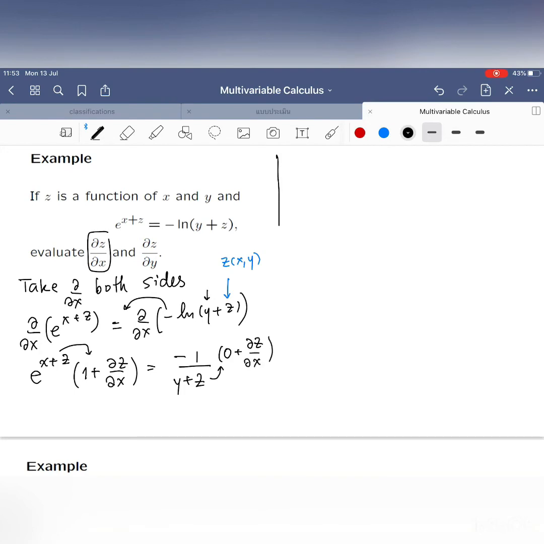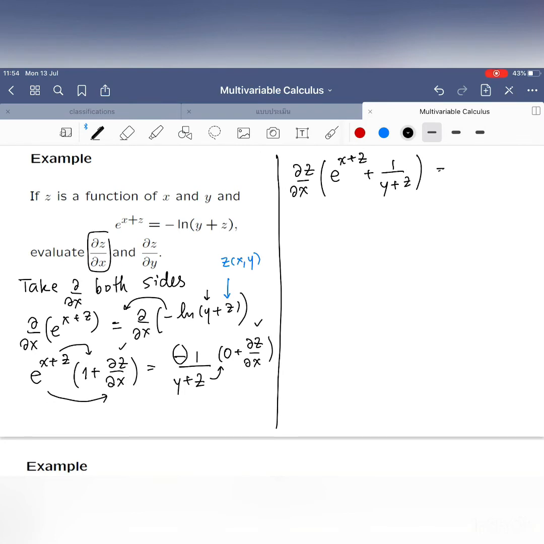Now you got two terms, so you are going to combine each one of them together. So you got dz by dx. On this side you have e to the x plus z. On that side you got a negative, so it is a positive of 1 over y plus z.